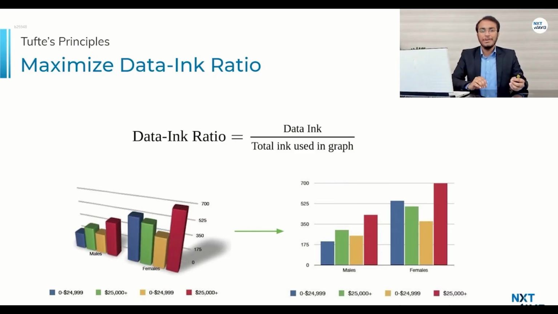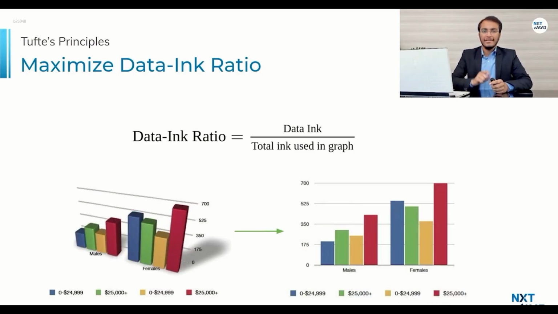For the data in the example below, you can clearly see that we don't really need a 3D visualization with all those shadows and such things. Rather, we can simply put it as shown on the right side of the slide. This is a very good example of how we can maximize the data ink ratio, and it is one of the first principles given by Edward Tufte. So we should always try to maximize the data ink ratio in order to create good visualizations.